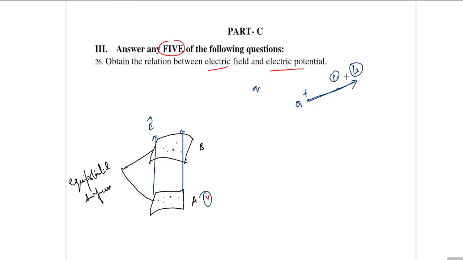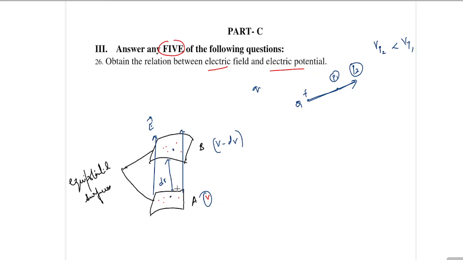Between points P1 and P2, the electric potential decreases, which means the potential at P2 is less than the potential at P1. So the potential on surface B will be less than that on surface A. Let us call it V minus dV. So the electric potential at any point on surface B is V minus dV. Let the separation between the 2 surfaces be dr.